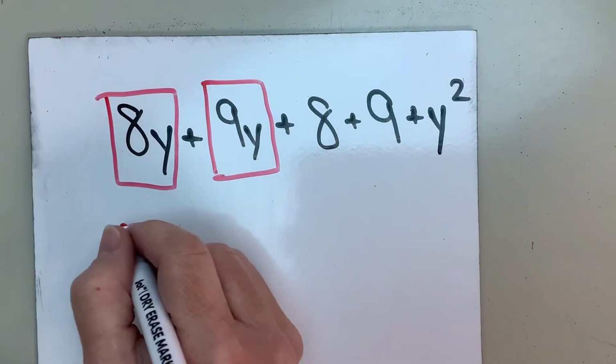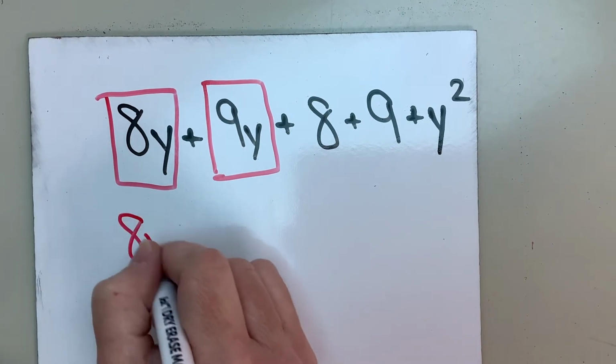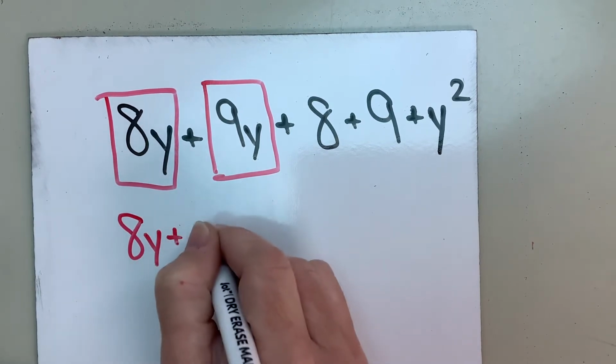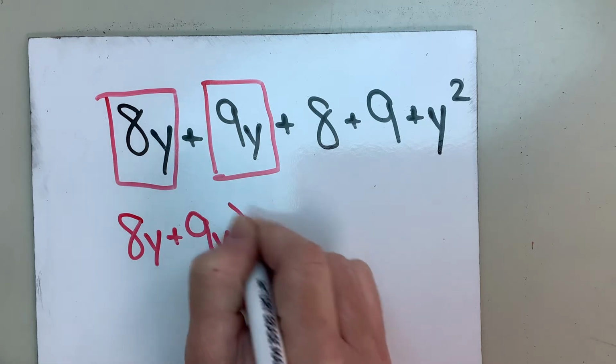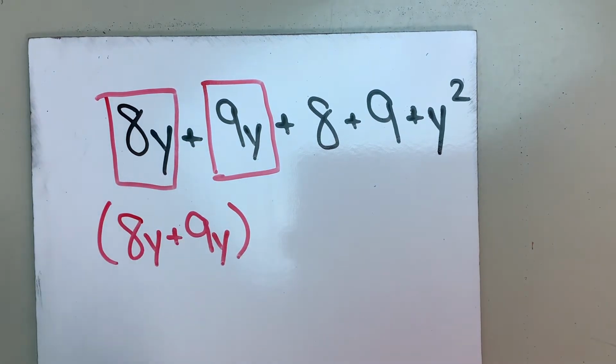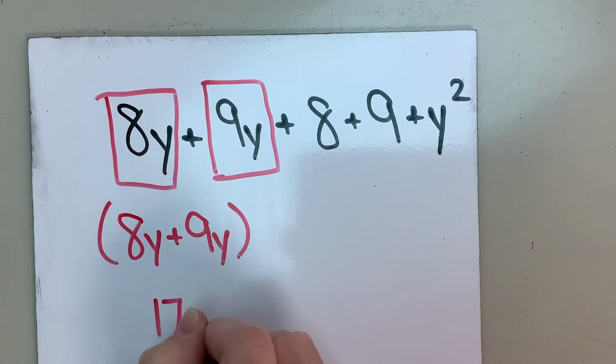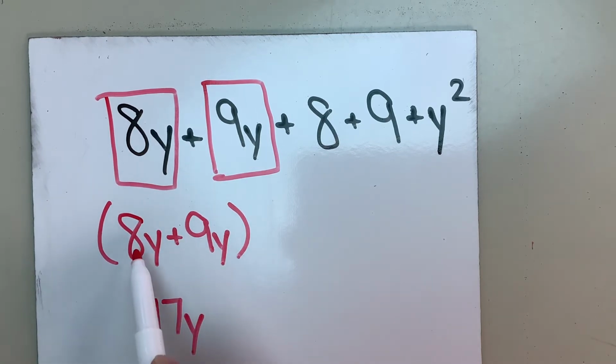Okay? We would not hesitate to add 8 blocks that are yellow plus 9 blocks that are yellow. When we do that, 8 plus 9 is 17y. This just says I have 8 yellow blocks plus 9 yellow blocks, so I have 17 yellow blocks.